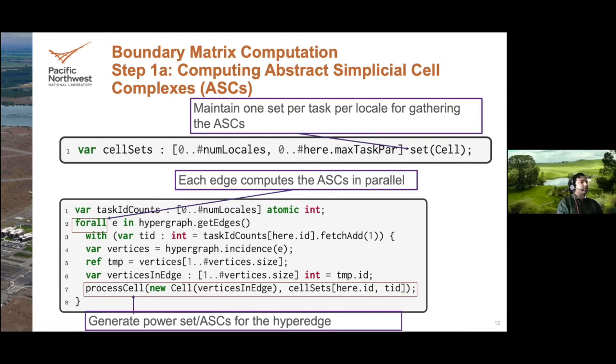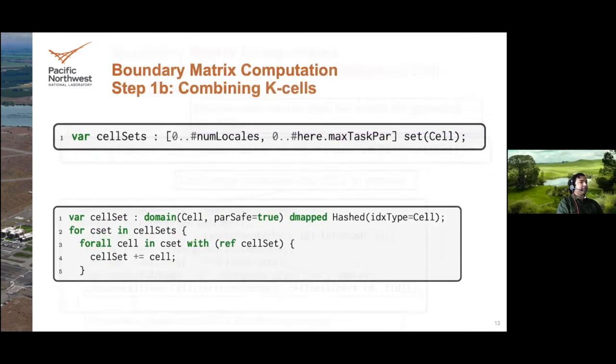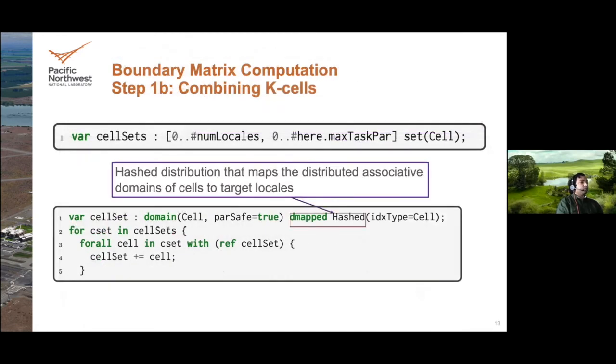Once this is executed, in each local, for each of the tasks, we will get a set of cells. In the next step, we want to bring them together and then sort them. That's what is happening here. First we create a domain which contains all the cells, and this is hashed on the locals.